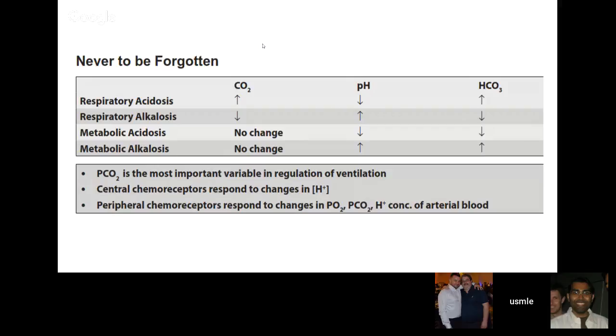The peripheral chemoreceptors are going to respond as well. So the central will be H plus, but the peripheral is going to be mostly about PO2, PCO2, and H plus concentration within the arterial blood.